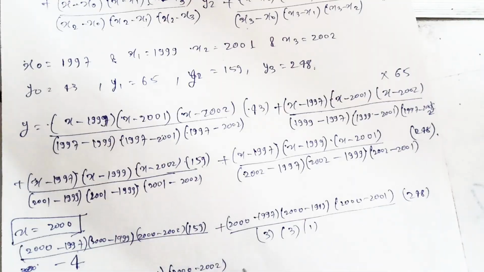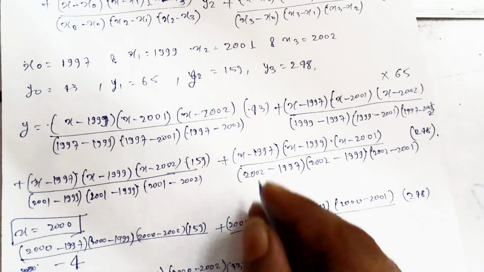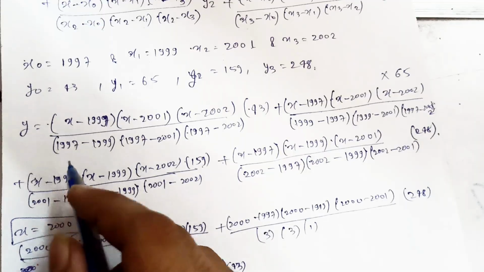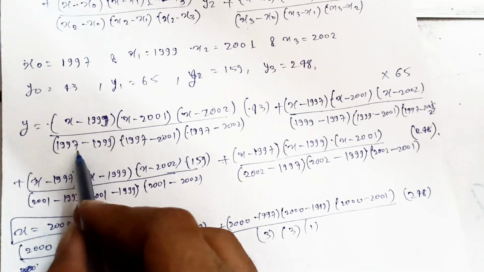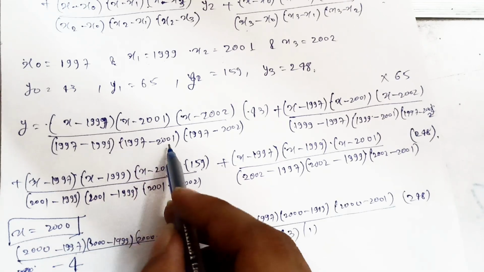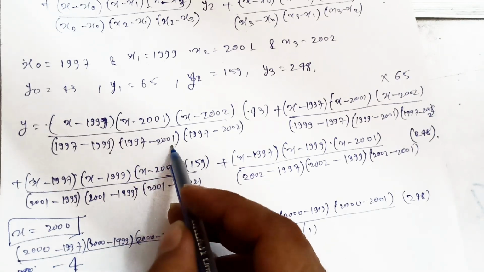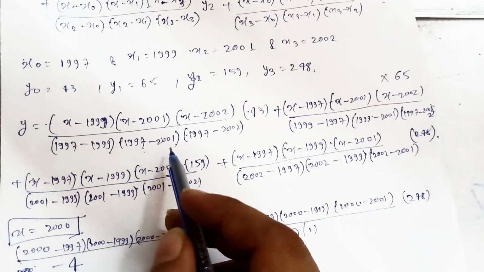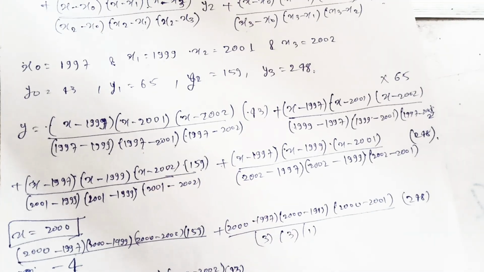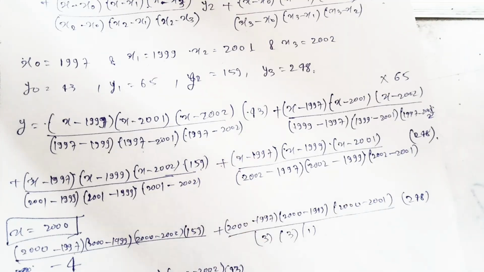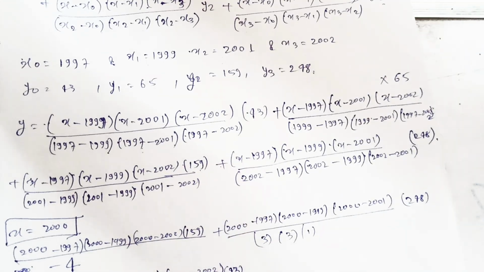and it has been multiplied with y0, and in the below we have 1997 minus 1999, that is minus 2, and 1997 minus 2001, that will be minus 4, and the next one is 1997 minus 2002, that is minus 5.